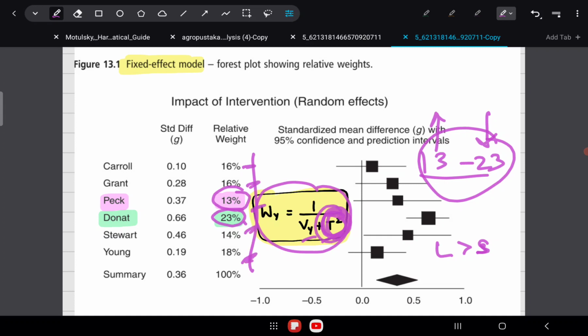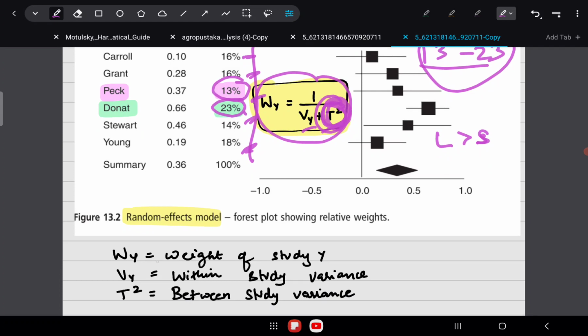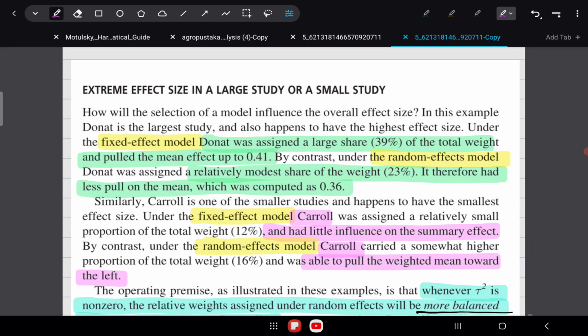Because of this number, tau square, the between study variance, the weights look more balanced in random effect modeling. Here W is the weight, Vy is the within study variance, and tau square is the between study variance. So because of this formula, simply speaking, the weights look more balanced in random effect modeling.